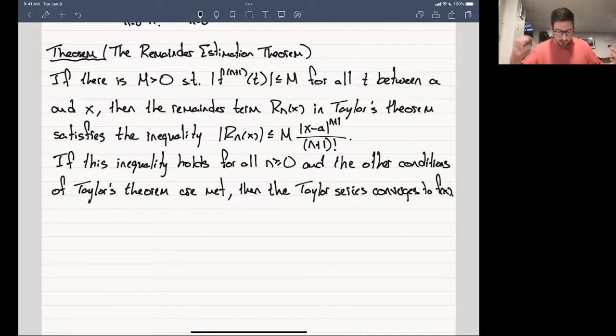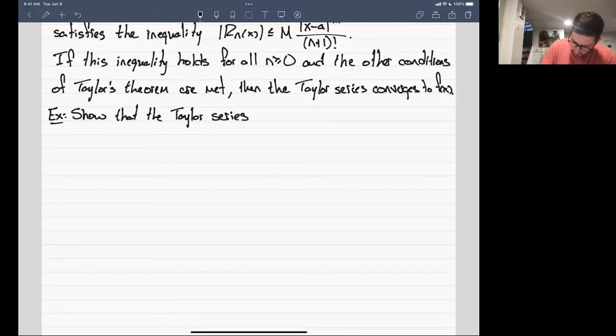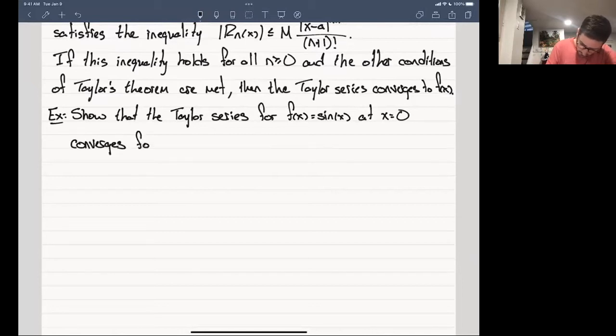Okay, so how do you use this, right? We've seen one example. Let's have a little bit more fun. Let's do another example. Let's say, show that the Taylor series for f of x equal to sine of x, about x equal to 0, converges for all real numbers.